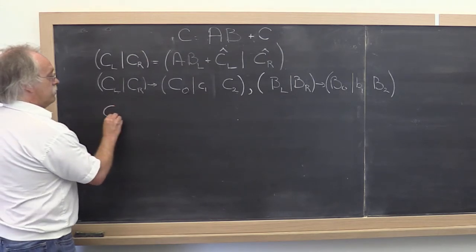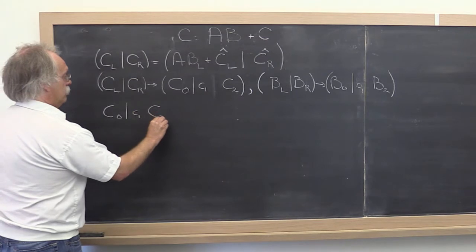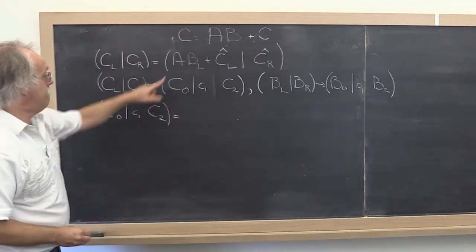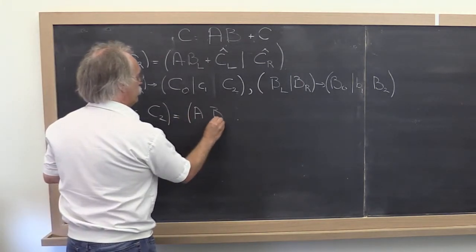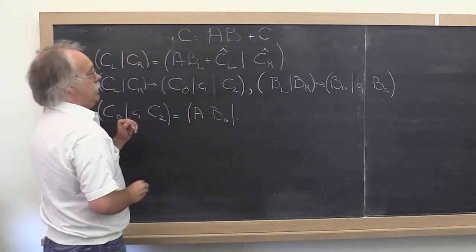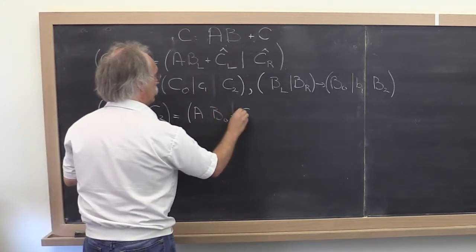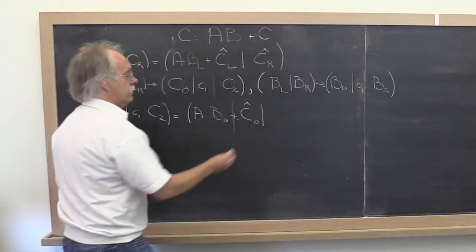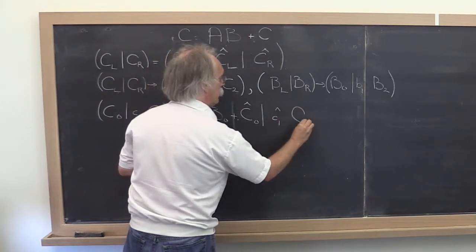You get that C0, C1, C2 is equal to A times B0 plus C0 hat, and then C1 hat and C2 hat.